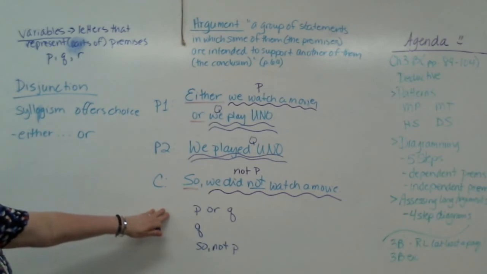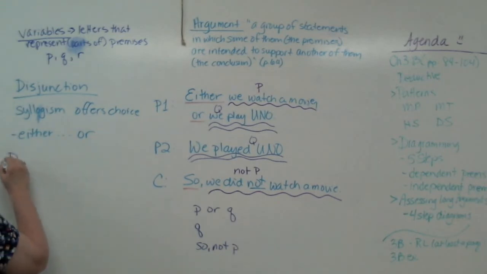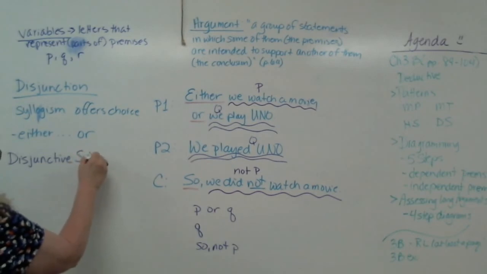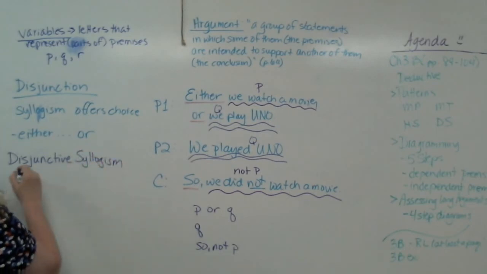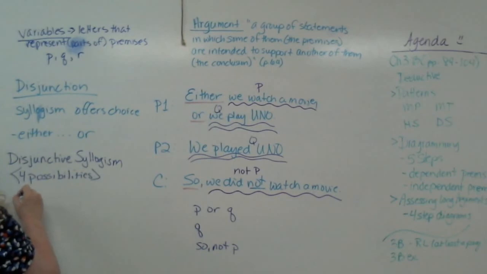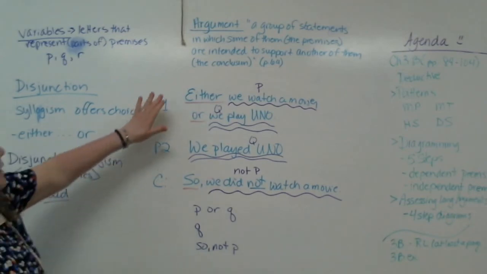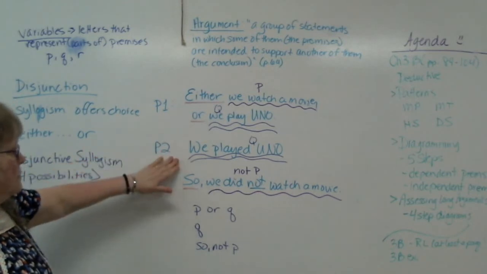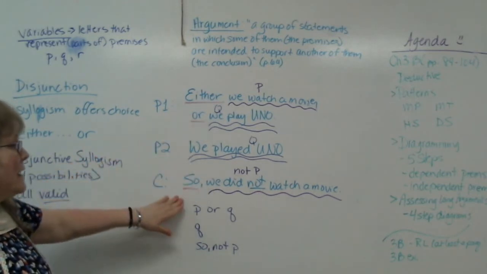Okay. Now, the fun part with a disjunctive syllogism is it has 4 possibilities, and all of them are valid. Okay, so you see here, right? Either we watch a movie or we play Uno. We played Uno, okay, my cue, so we did not watch a movie.